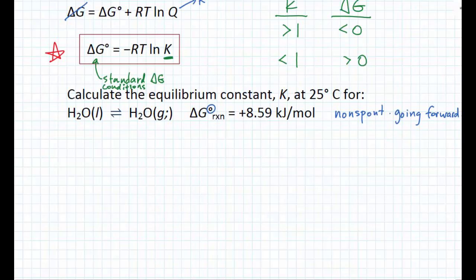Less than 1, because products over reactants should be reactant heavy. Although we don't have reactants in that, that just means we'll have a small amount of product.